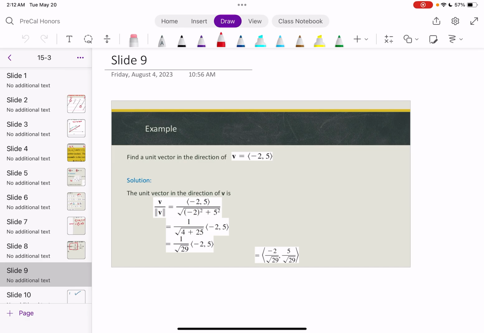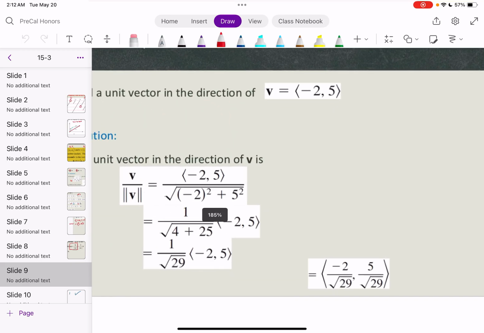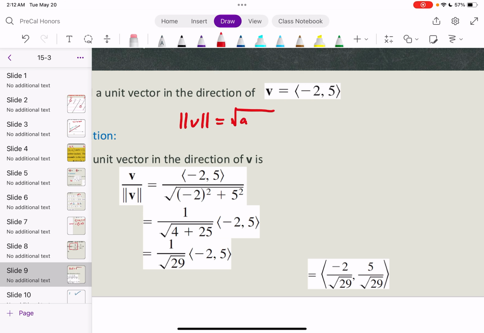Easiest way to take a look at it would be through example 9. Now, in slide 9, the one thing to remember is that our double absolute value of v is very, very similar to what we covered at the very beginning of this section, which was the absolute value of v is equal to the square root of a squared plus b squared.